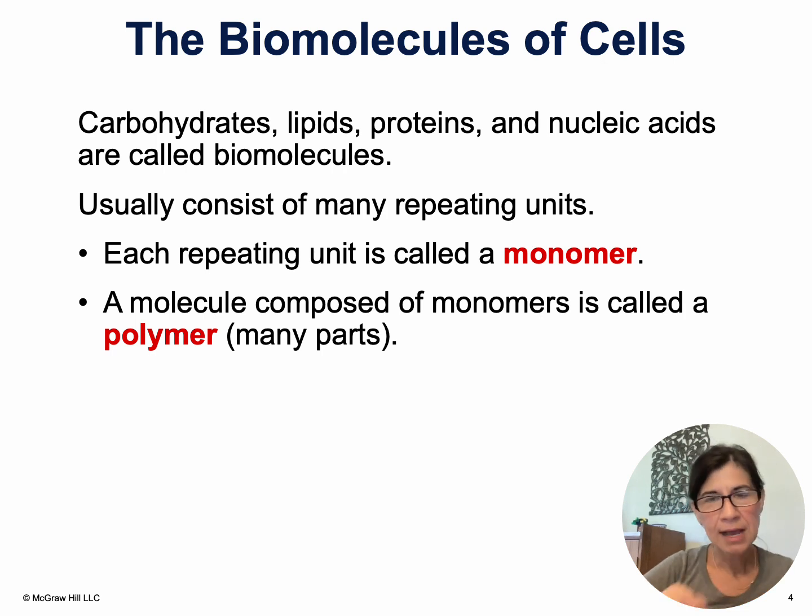A little more terminology before we actually start talking about the different biomolecules. All of these groups, except lipids, which are a little different, like carbohydrates, proteins, nucleic acids, we're going to learn about in this way where we learn about their building block. Think about their building block as the little molecule, and then that little molecule can join multiple times to make the larger biomolecule.